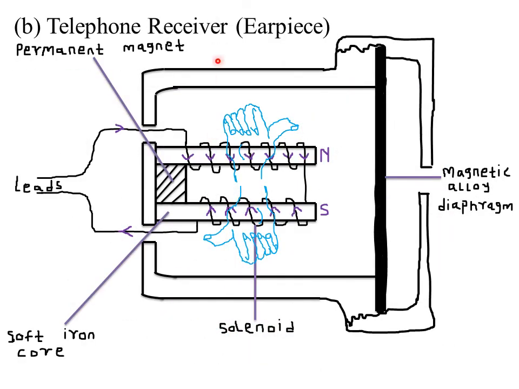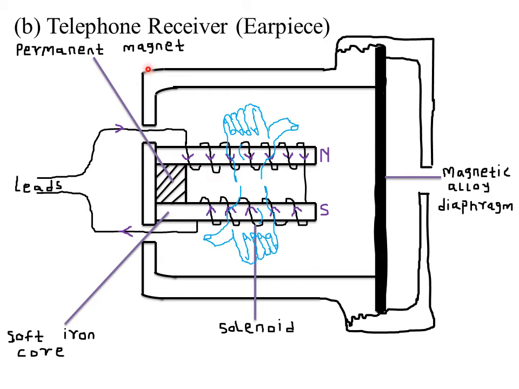Next we look at the telephone receiver, or the earpiece. The telephone receiver also has a U-shaped magnet. This is what we are calling our U-shaped magnet, or sometimes we use a short magnet, formed by placing a short permanent bar magnet across the ends of the two soft iron bars.